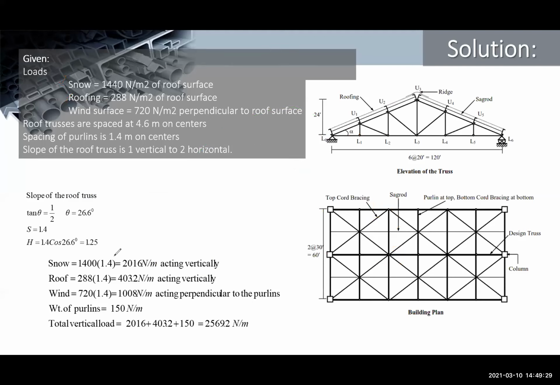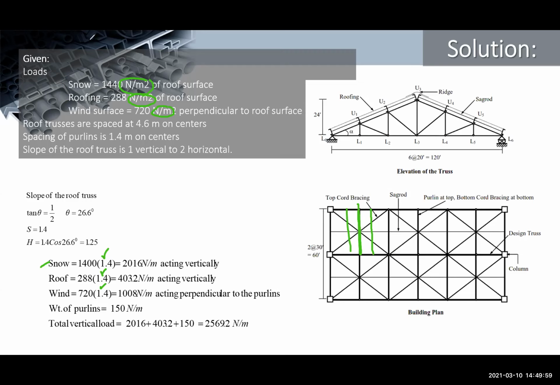So, what we did is multiply all the loads, because all of them are in surface area or Pascal, to convert them into a uniform load. That's why we multiplied them by the tributary width of a single purlin, to make a uniform load at the center.